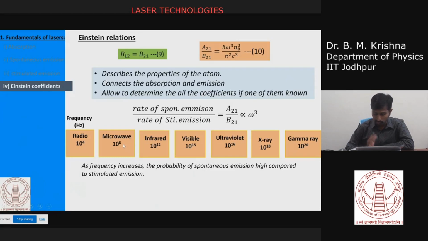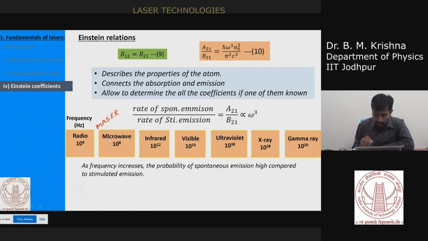The first laser was invented in the microwave region. That is called MASER, microwave amplification by stimulated emission of radiation.